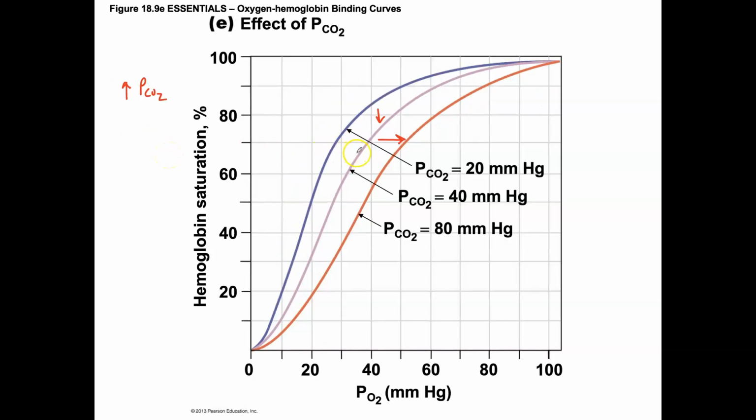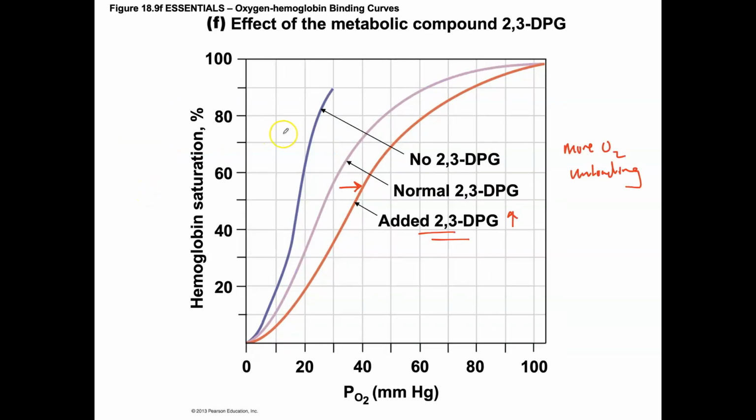Here we see the curve shifts to the left when there's a decrease in the partial pressure of carbon dioxide. And we see the curve shift to the left when there's a decrease in this glycolytic molecule, or essentially no production of this offshoot molecule called 2,3-DPG.